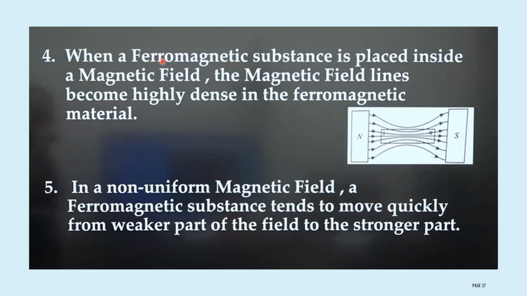Fourth property, when a ferromagnetic substance is placed inside a magnetic field, the magnetic field lines become highly dense in the ferromagnetic material, because of the strong field inside. Fifth one, in a non-uniform magnetic field, a ferromagnetic substance tends to move quickly from the weaker part of the field to the stronger part.